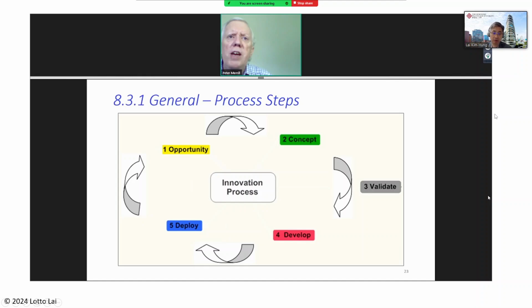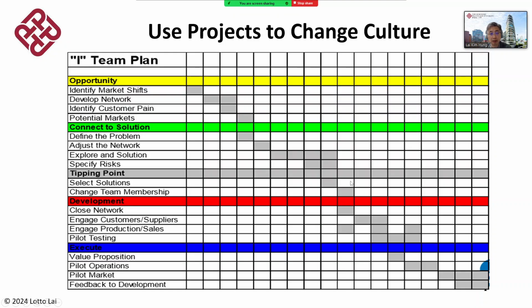So in this general process proposed by Peter Perry: opportunity, concept, validate, development, deploy. It is an innovation process. So now we are using the project to change your culture. Innovation team planning. First, opportunity. You need to identify market shifts, develop the network, identify customer pain points, and potential market creators.